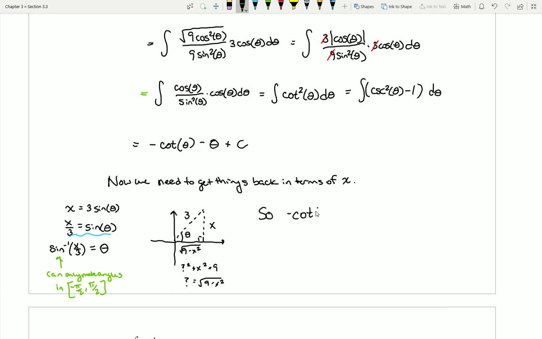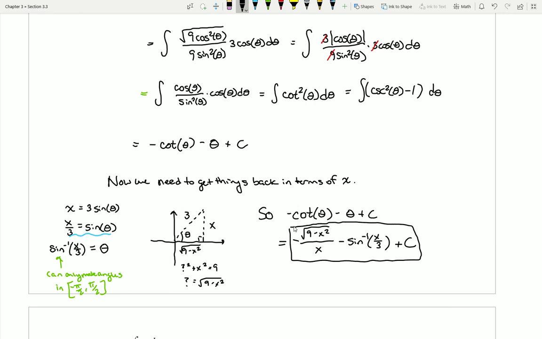So let's see. The cotangent of my angle, minus theta, plus C is the same as, let's see, cotangent should be adjacent over opposite. So my adjacent side is the square root of 9 minus x squared, and my opposite side is x. Theta we found was the same as the inverse sine of x over 3, and we still have a plus C. I have now a final answer.